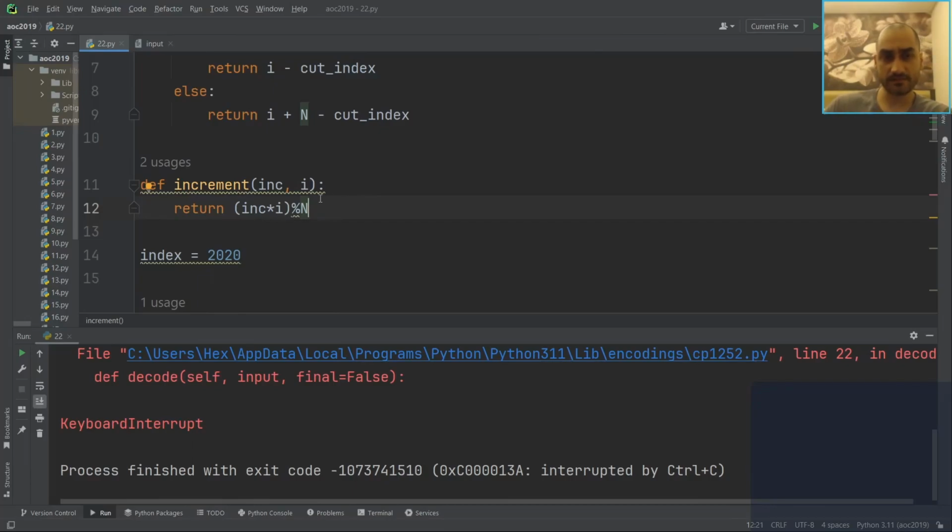So we're inverting this function here. I maps to inc times I. So how do we go backwards?